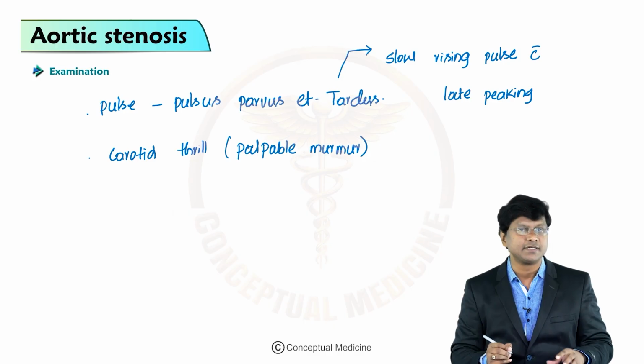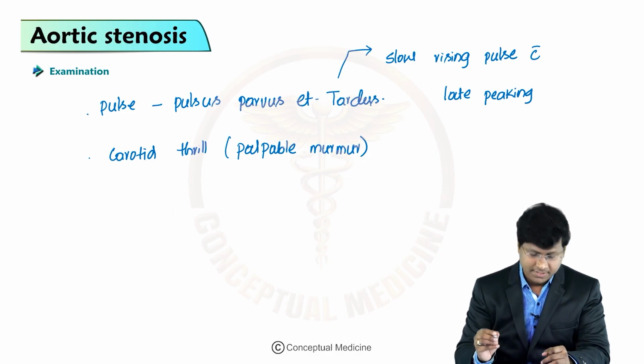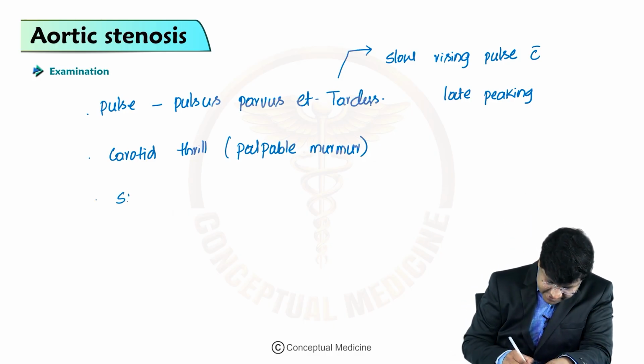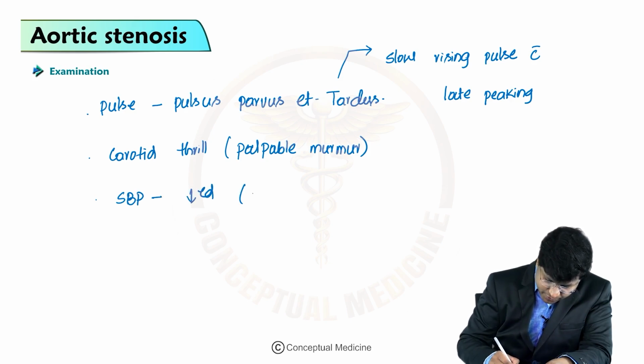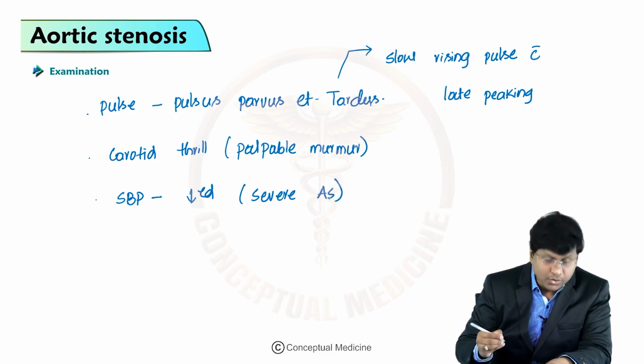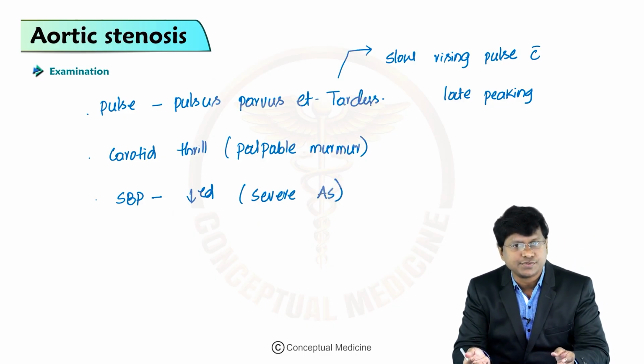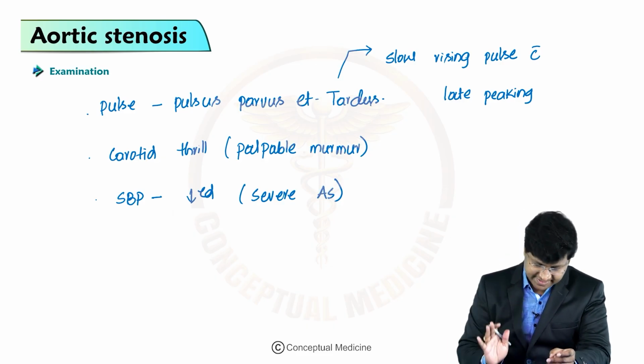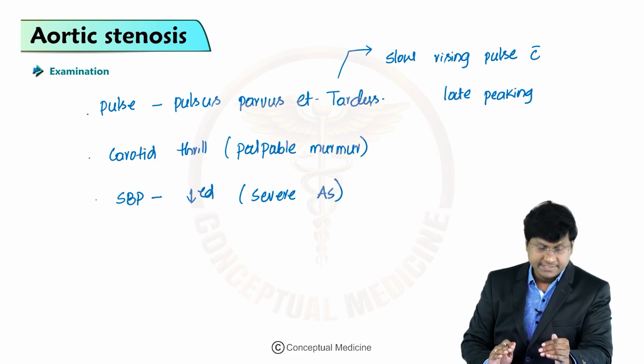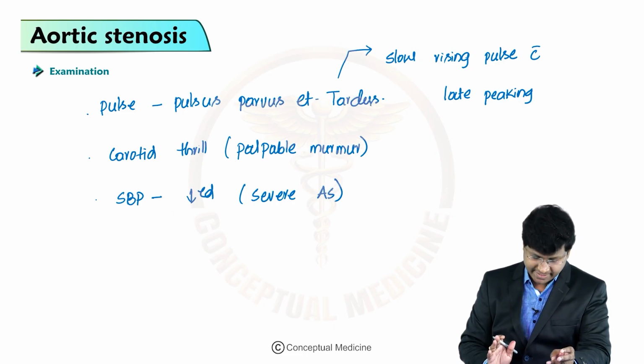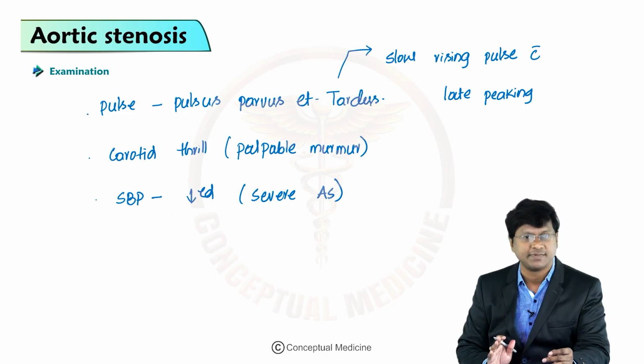Then, you take the systolic blood pressure. Systolic blood pressure will be reduced in patients with severe aortic stenosis, because the cardiac output is reduced. So that is about your general physical examination: pulse, carotid thrill, as well as the systolic blood pressure.